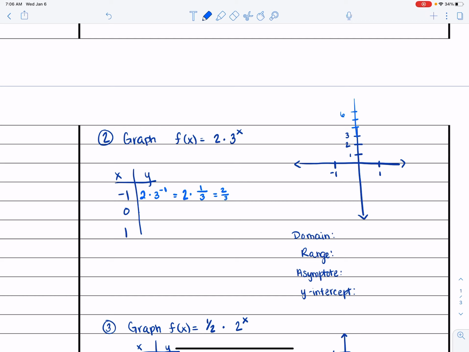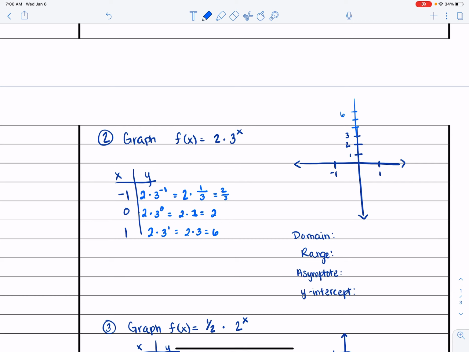Okay, now to the 0 power, 2 times 3 to the 0 power. Anything to the 0 power is 1, so this is really 2 times 1, which is 2. The first power, so 2 times 3 to the first, is really just 2 times 3, so you get 6.